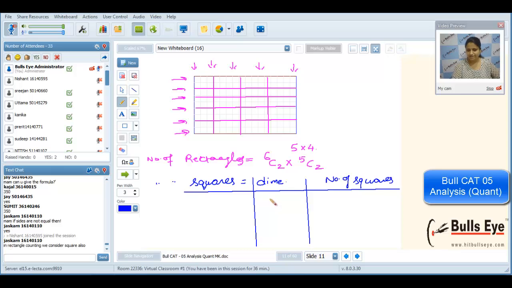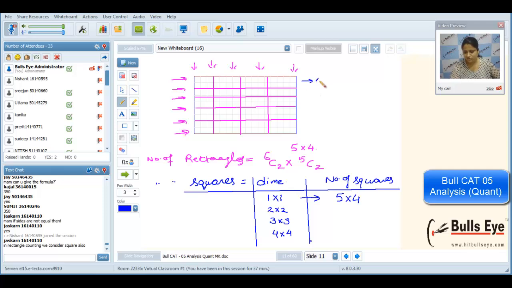Now I am taking dimension. See, if my square is of dimension 1 by 1, 2 by 2, 3 by 3 and 4 by 4, in this case 4 by 4 is the maximum square we can make. That is the maximum dimension we can take. Now 1 by 1 square. First of all, this is 5 by 4. Can you say this? Directly you can see.